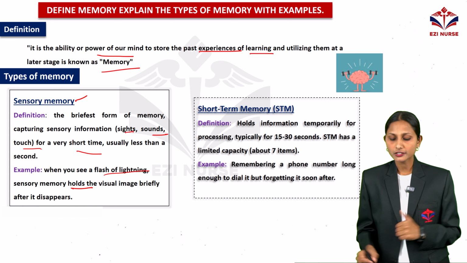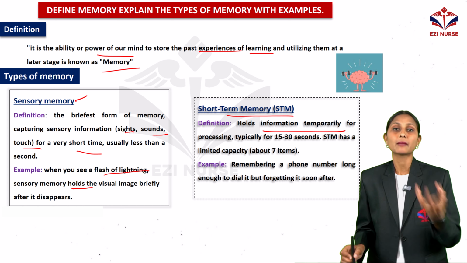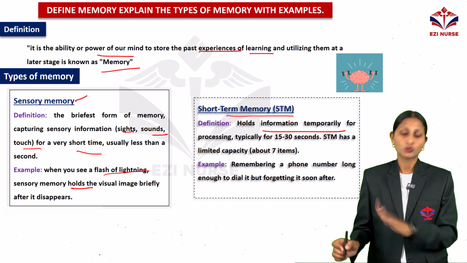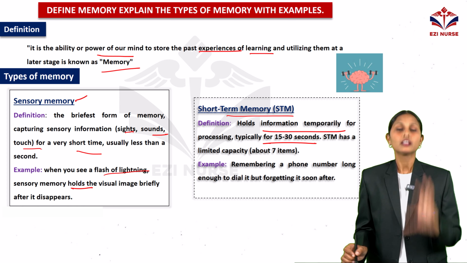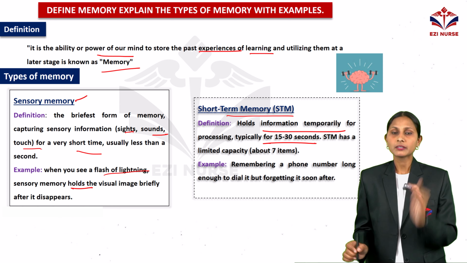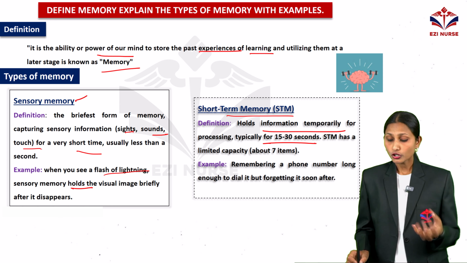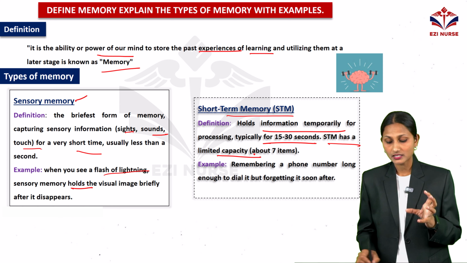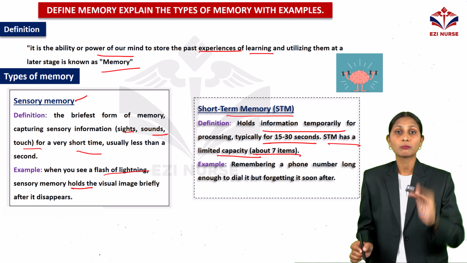The next one is short-term memory. Short-term memory holds information temporarily, not permanently, for processing, typically 15 to 30 seconds. It has a limited capacity of about 7 items, so at a time we can remember 7 items.